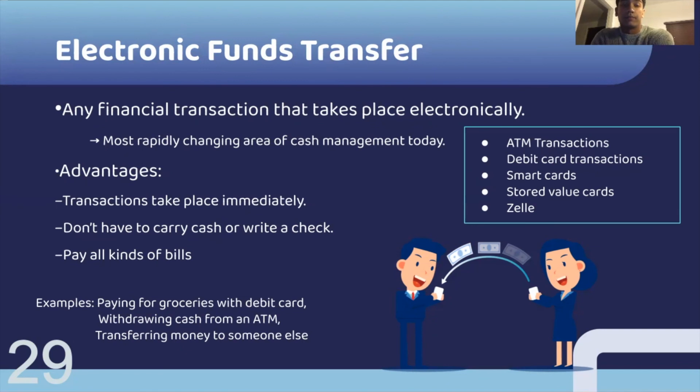This is a very rapidly changing field, and there's innovation and new technology coming out in this area almost every day. Some of the advantages of using EFT are that transactions take place immediately. You don't have to carry cash or write a check, so you're generally safer, and it's mostly more convenient. And you can pay all kinds of bills using EFT. Examples from everyday life could be paying for your groceries with a debit card, withdrawing cash from an ATM, and transferring money to someone else.